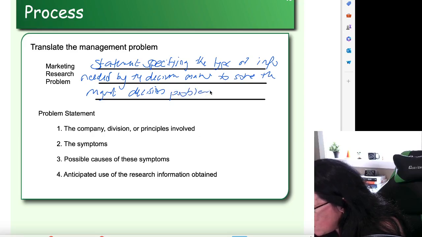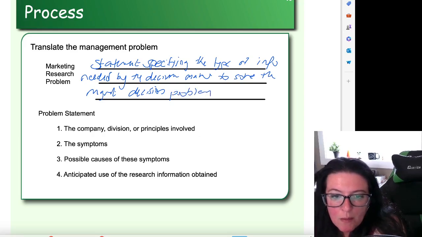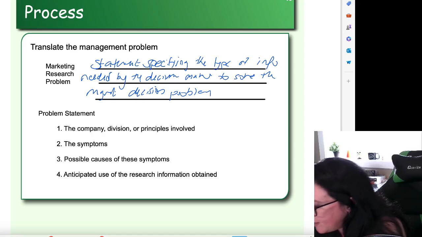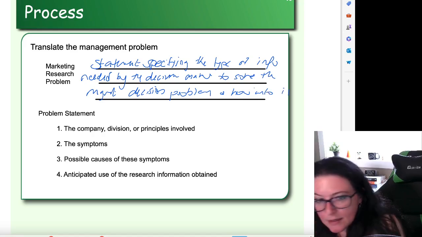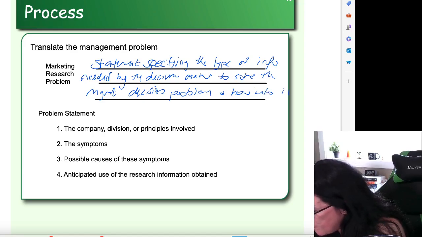Not only does it include the type of information, but it's also going to include how the information is going to be obtained.